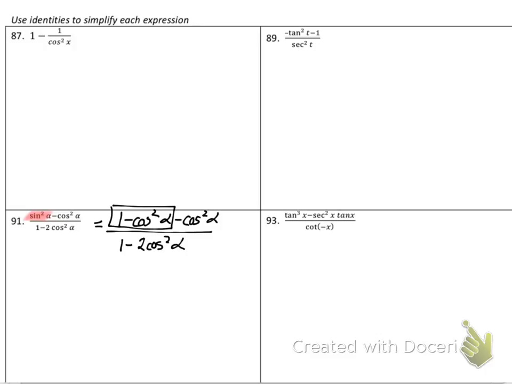Well, I have two of these, so it's like having negative x minus x would be negative 2x. This is just going to become negative 2 cosine squared alpha. So we have 1 minus, oh, I forgot to put the 2. 1 minus 2 cosine squared alpha all over 1 minus 2 cosine squared alpha. Well, that just equals 1. If you have something on top, it's that same thing on the bottom, so it just turns into 1. Make sense?